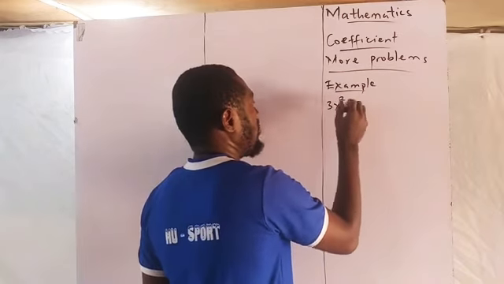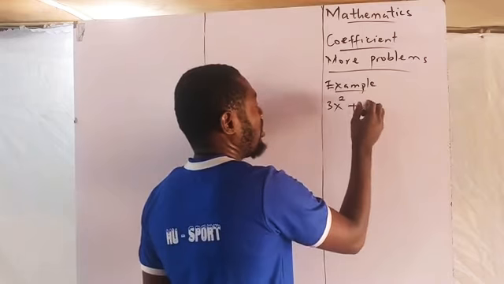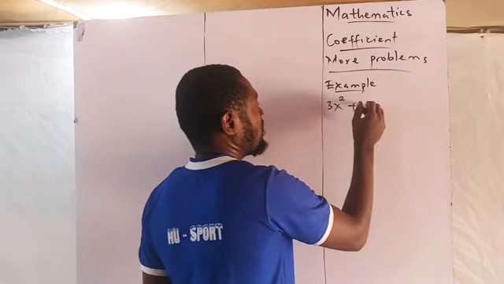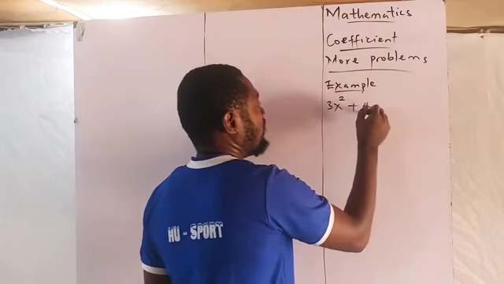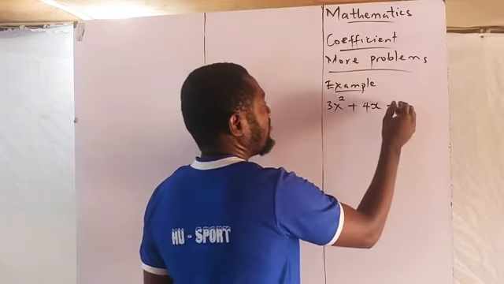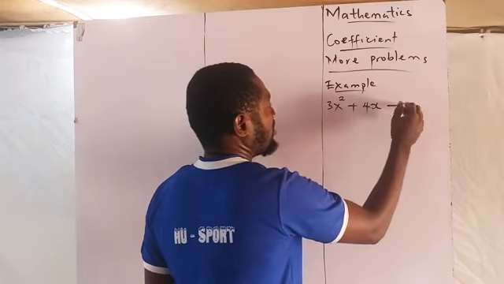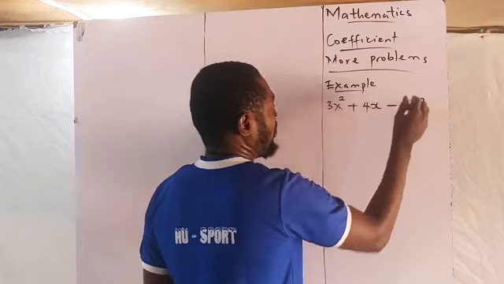Three x raised to power 2 plus 4x minus 7x raised to power 3.